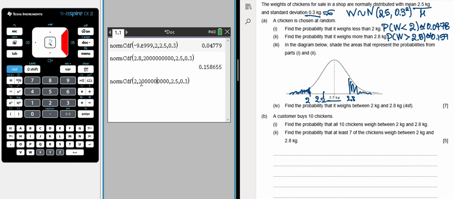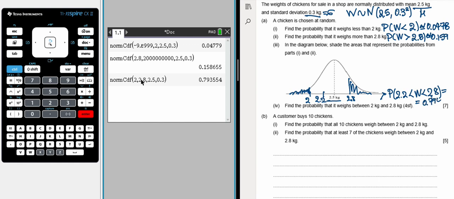Between 2 and 2.8, mean and standard deviation will not change, of course, and then that would provide me with the probability of between 2 and 2.8, and that's equal to 0.794 to 3 significant figures.